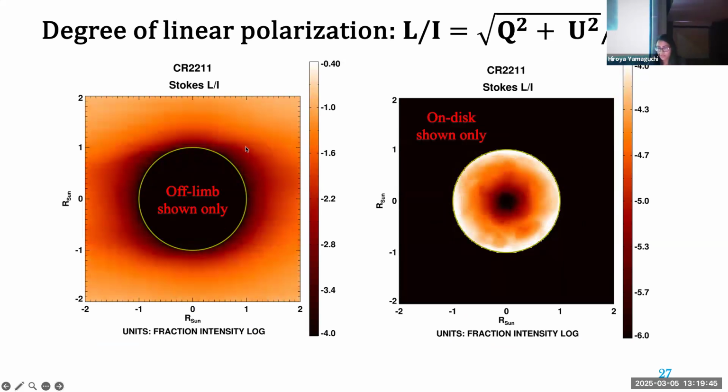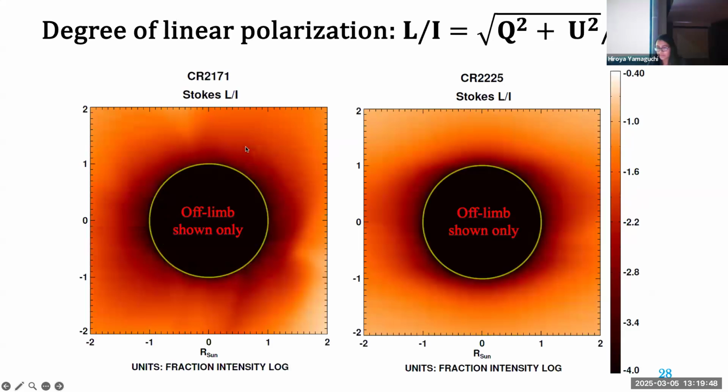Now that we know the signal levels, let's say we want to measure 10 to the minus 4 signal levels, then what polarization sensitivity do we require for future instruments to detect these signals?